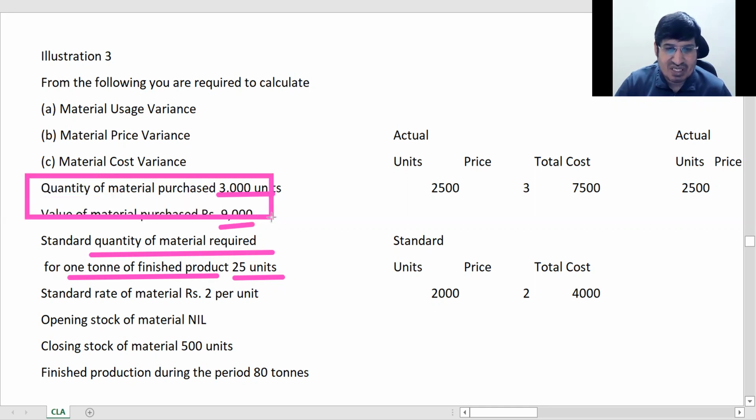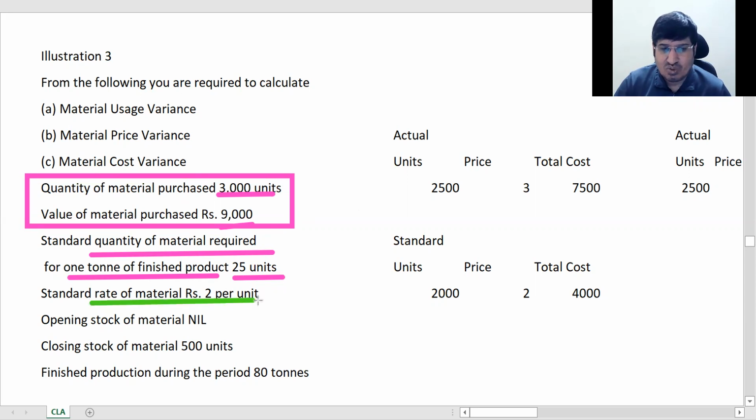Quantity of material purchased and value, this is the actual. Okay, standard rate of material is ₹2 per unit.